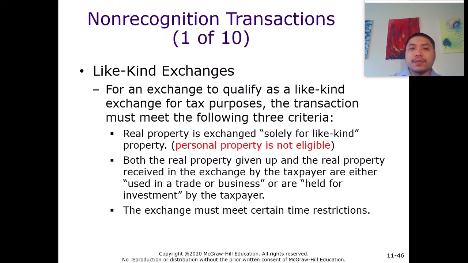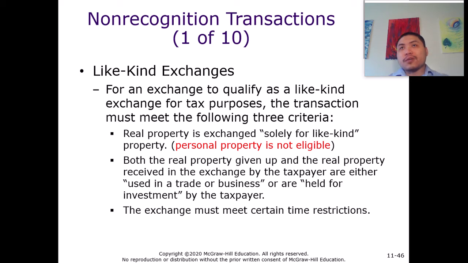So for the rest of the video lecture today, we're going to talk about those kinds of situations. The example I just mentioned is just one of several cases where the IRS allows taxpayers to postpone paying the tax and postpone recognizing the gain. There are some other scenarios as well.